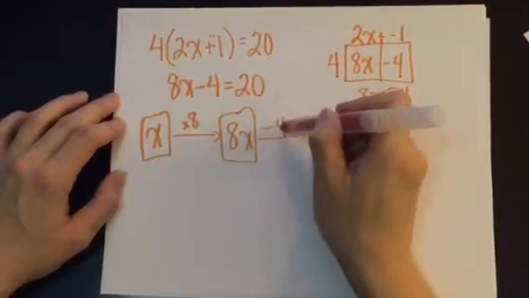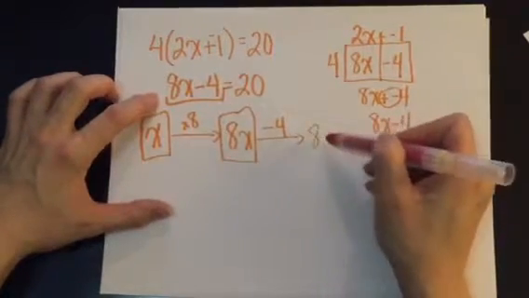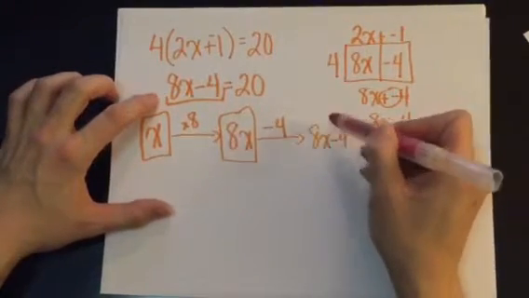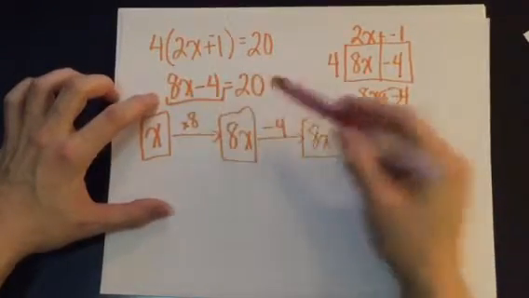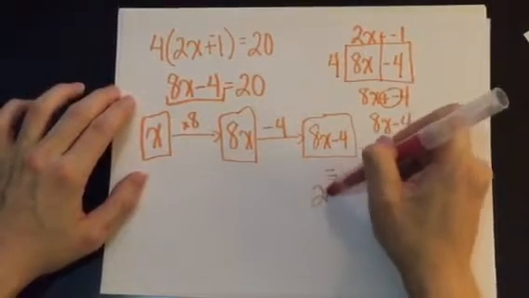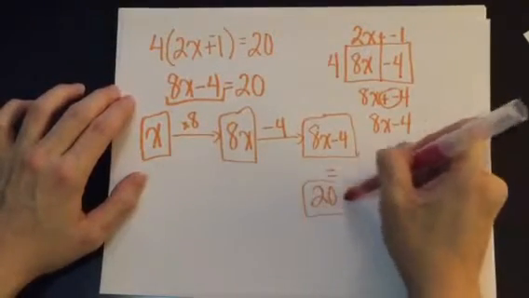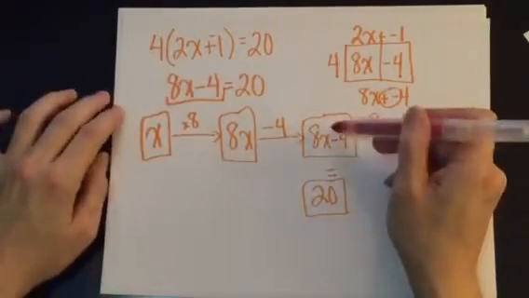And when I have 8x minus 4, that gives me this variable side of the equation. I have this variable side all built. I can bring in my equals 20. And now I have this whole equation right here.